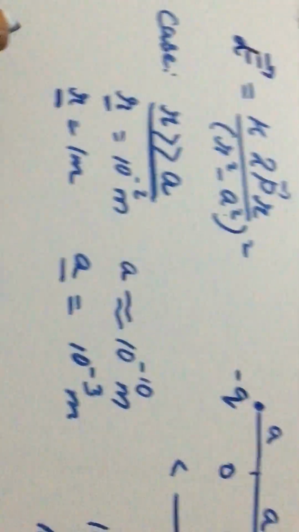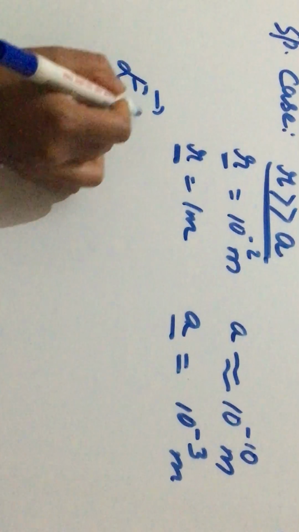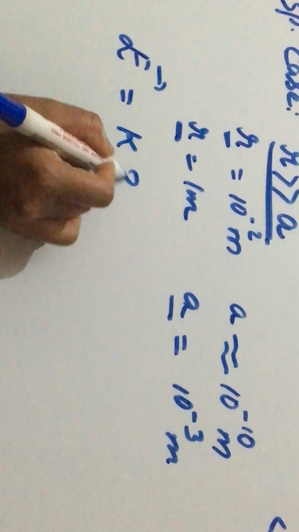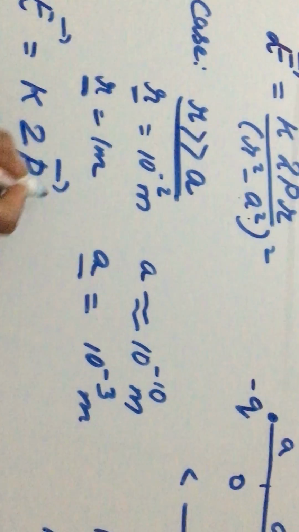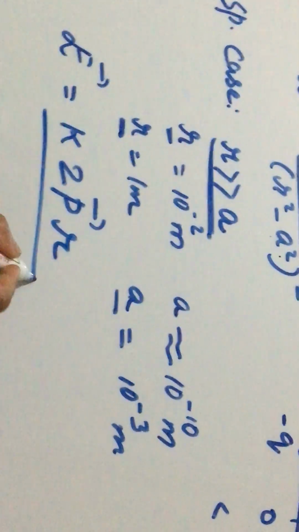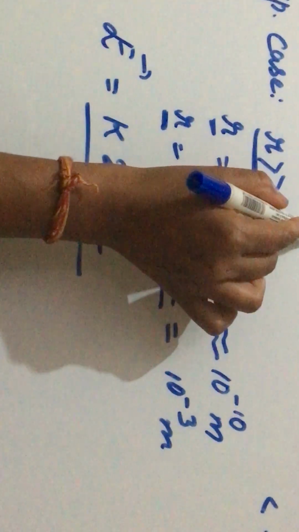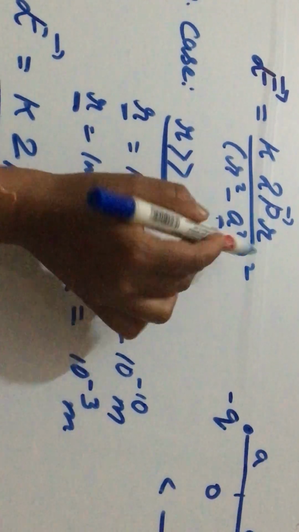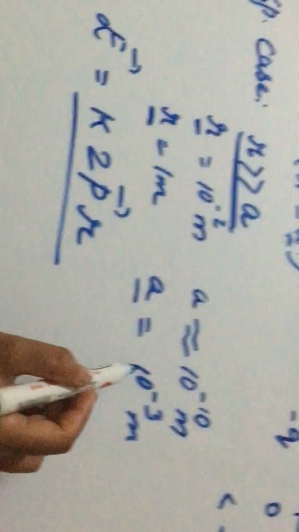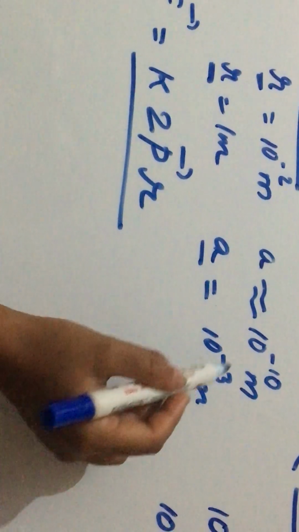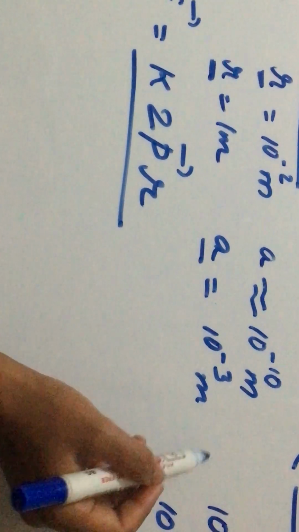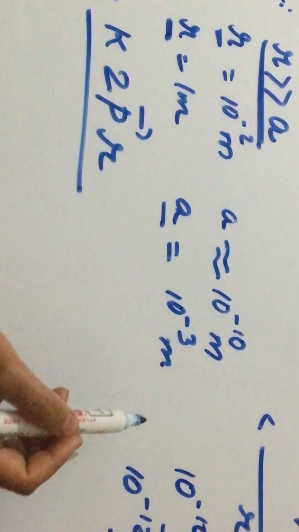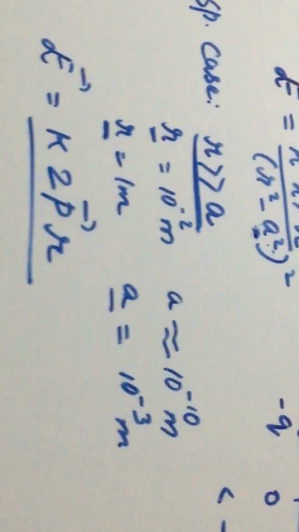Then what will this expression finally turn into? k2p, I'm writing in terms of vector. We can ignore a square because the square of a small quantity will be further small, so we can neglect it. Like 10 to the power minus 3, if I square it, this will be 10 to the power minus 6, a further small quantity, so we can neglect it, right?